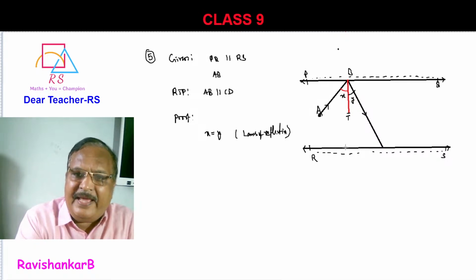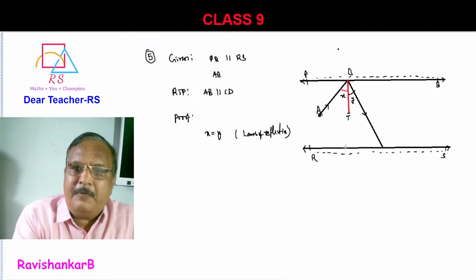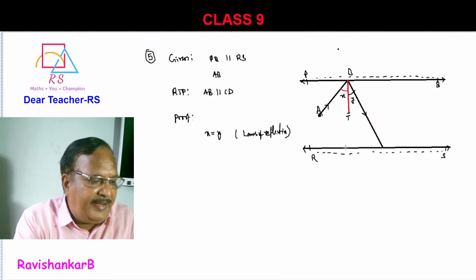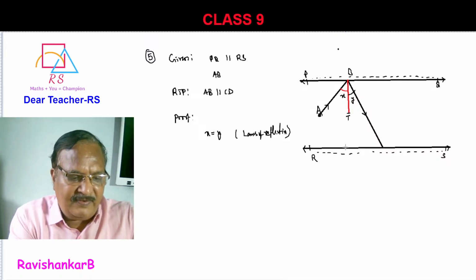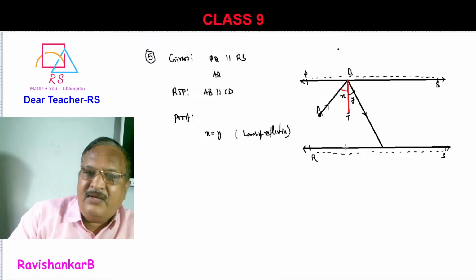They won't multiply. x and y are equal angles. Why should we multiply? The total angle is x plus y. They are the angle of incidence and the angle of reflection. It is the law of reflection, so we should not multiply. You just wait, and do along with me.